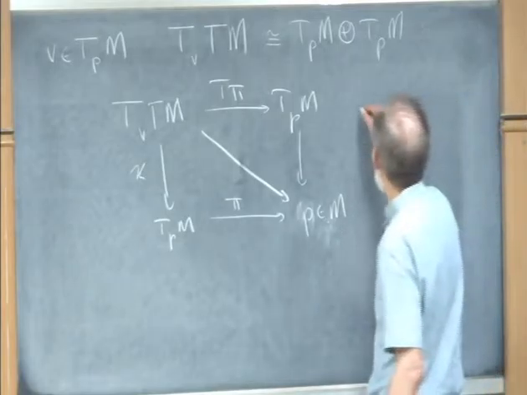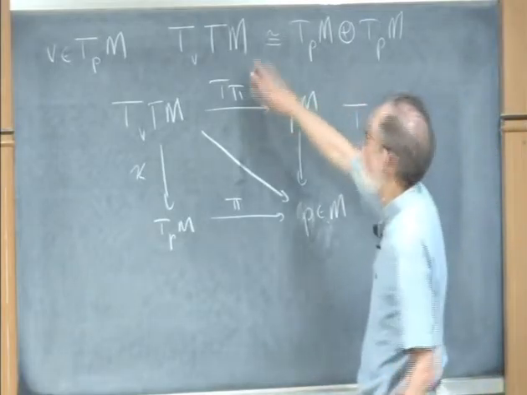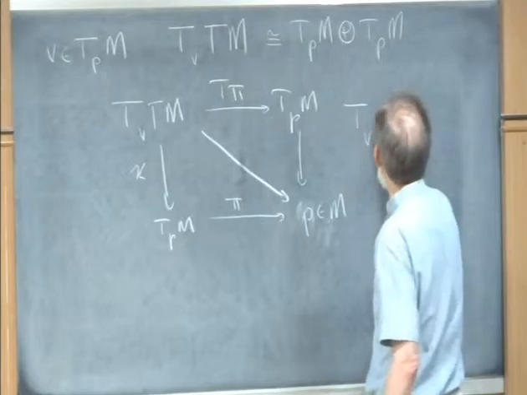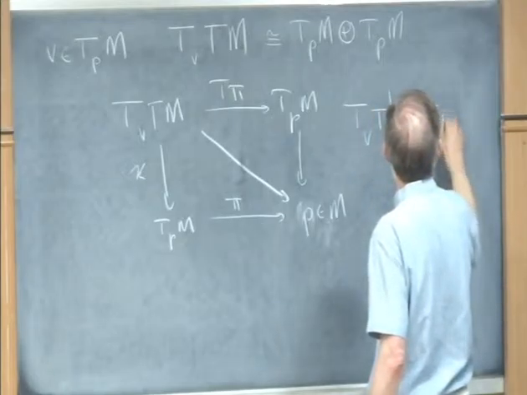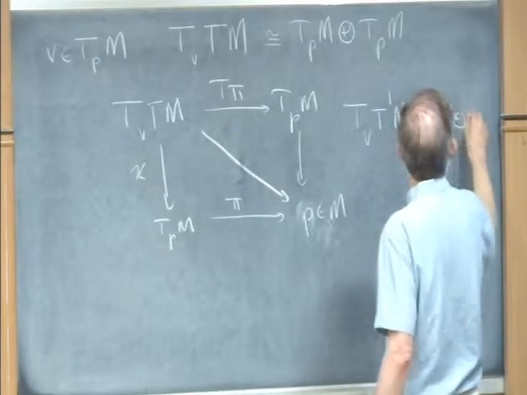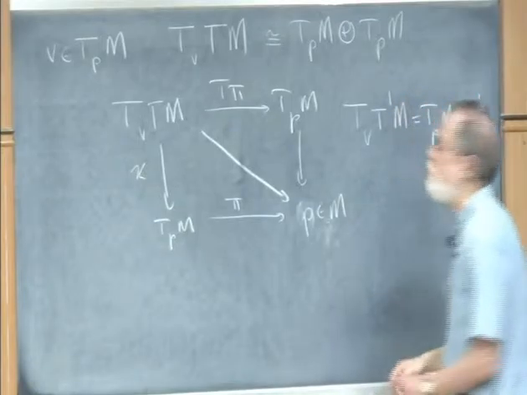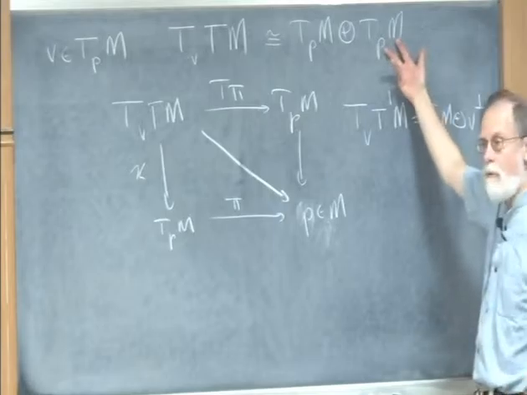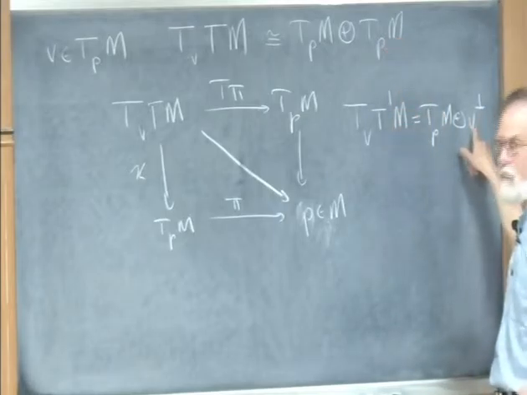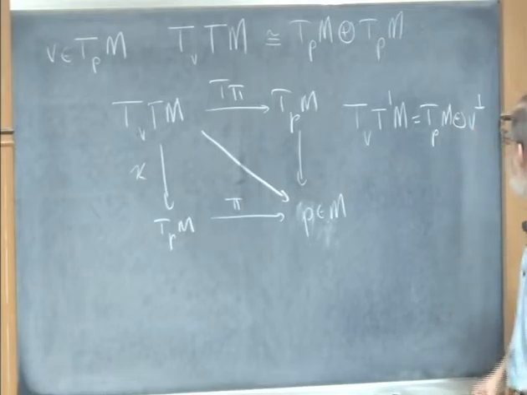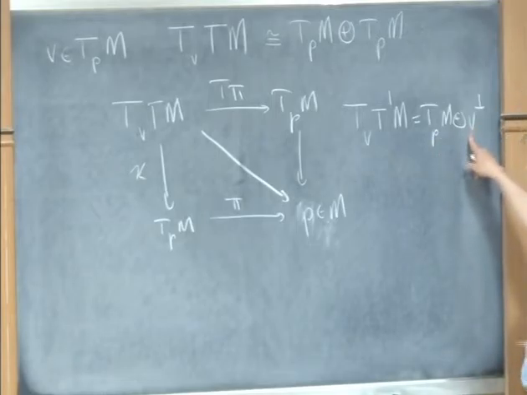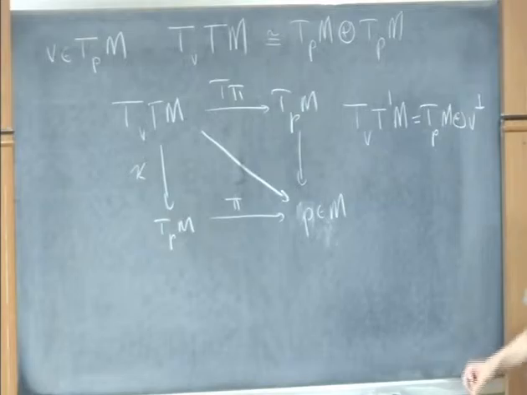And then if we restrict to the unit tangent bundle, we have to restrict the second component to vectors that are perpendicular to V. And remember that the second component corresponds to changing the vector part.